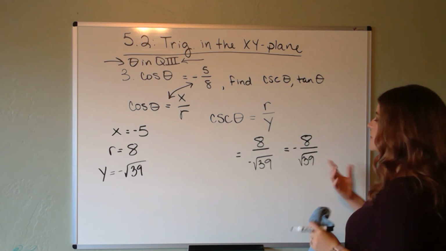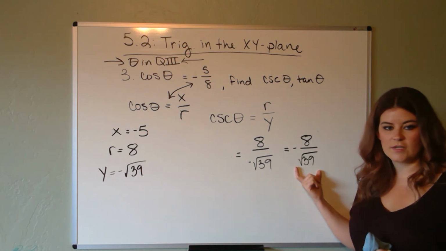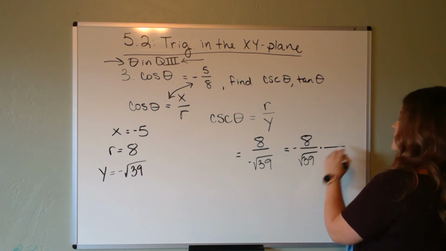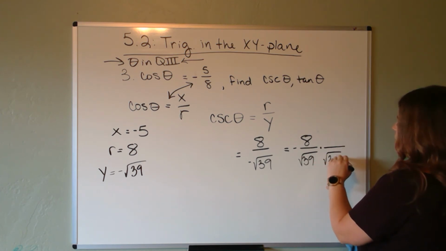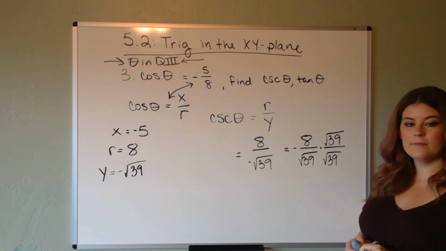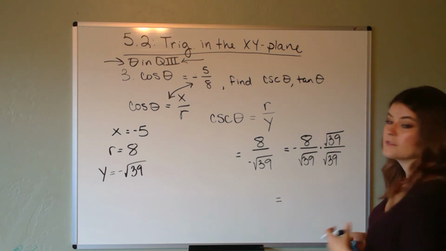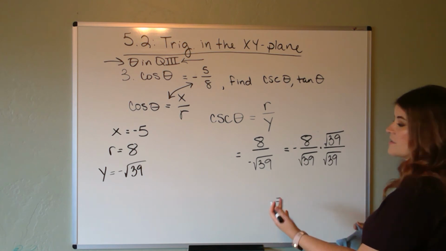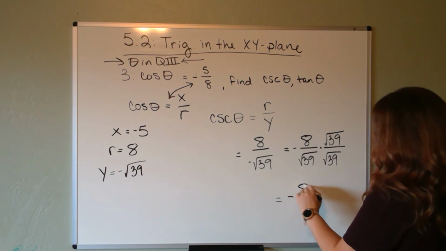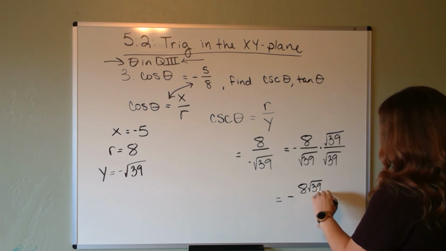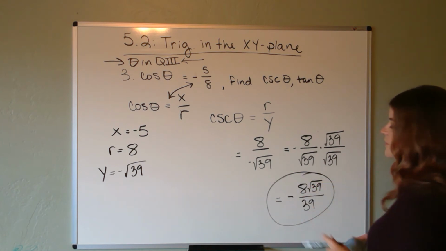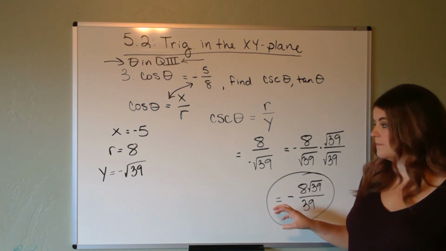I think it would be a little confusing to have the negative down here with the root when we rationalize. How do I rationalize? I multiply the top and bottom by the square root of 39. And then you have your answer, because it's rationalized. There is going to be a negative in front. It's going to be negative 8 root 39 over 39. So this is the cosecant of theta. That's the first part of our answer.